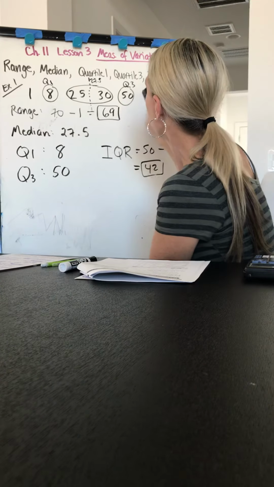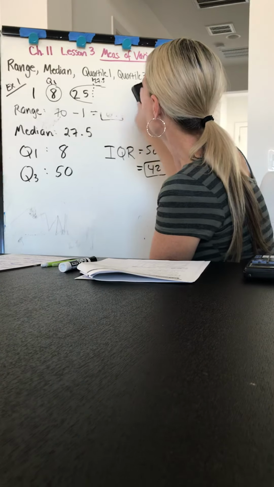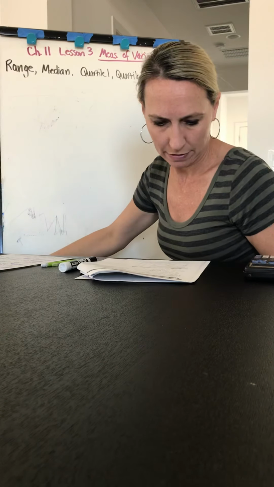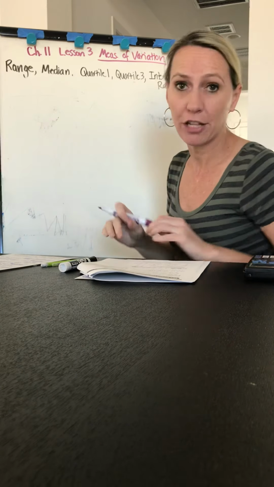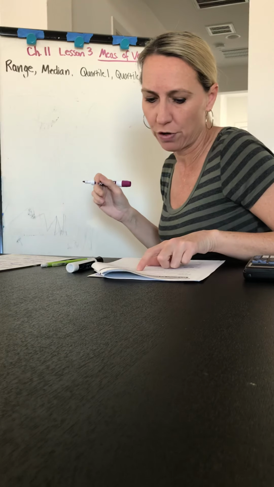All right, now we're going to do example 2. So turn the page. I'm on page 831. It says the ages of the candidates in the election, and it lists out the ages. So I'm going to put them in order for you.